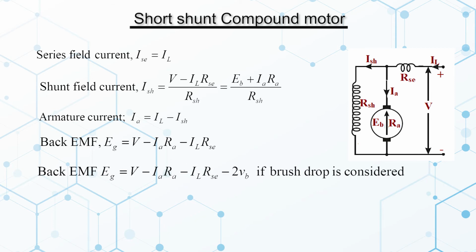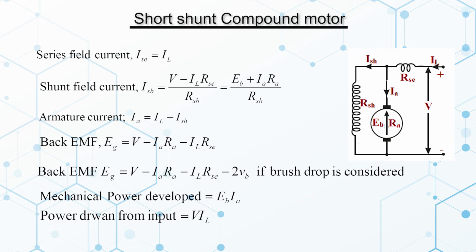Again it can be written as EB equal to V minus IA RA minus IL RSE minus 2 multiplied by VB, where VB is the voltage drop across the brush of the armature. So what is the mechanical power developed by this motor? It can be written as the product of back EMF multiplied by armature current, and power drawn from the input can be written as supply voltage V multiplied by load current IL.